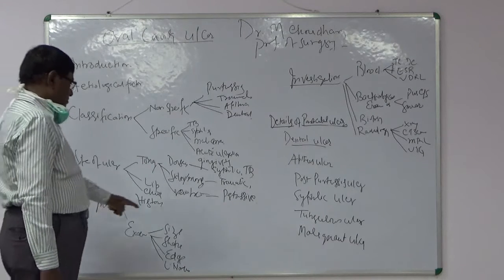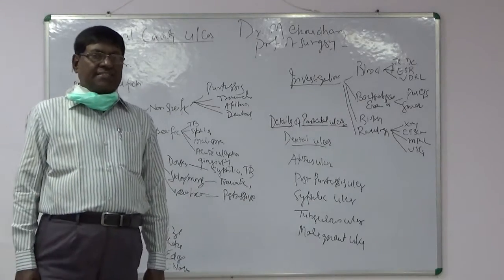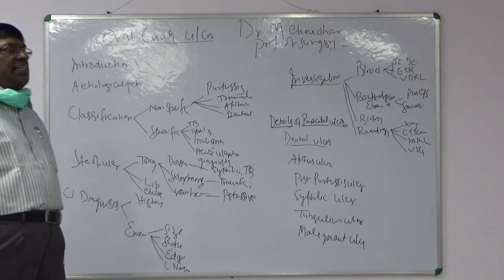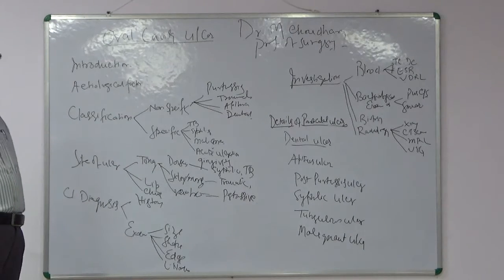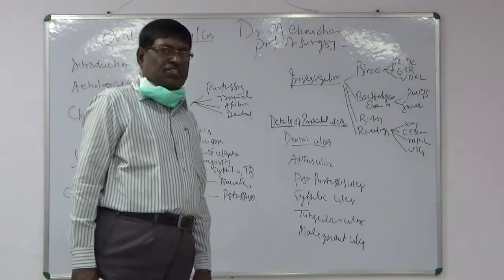In the history, you should ask about the main complaint of the patient, whether there is pain in the cheek or pain in the tip of the tongue when ulcer formation is there, and you should also ask about the personal history.